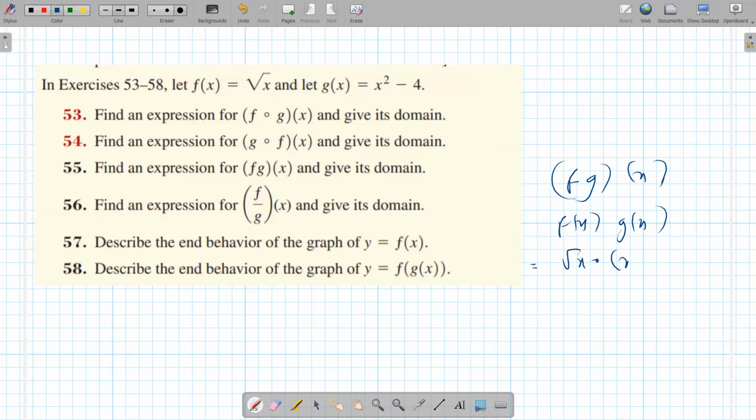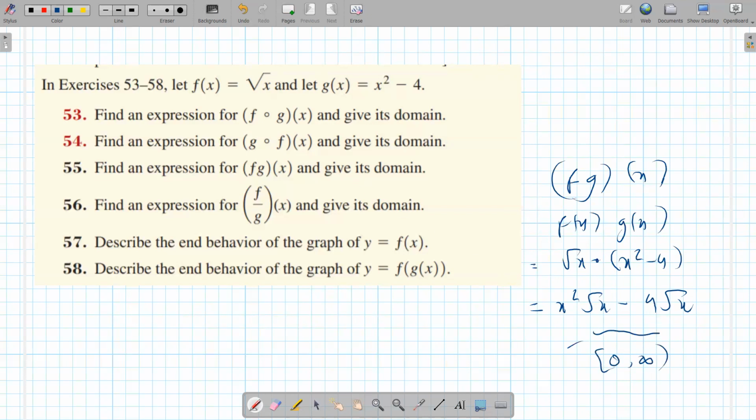That gives you x squared root of x minus 4 root of x. So what could be the domain here? Again, there's a square root, so x cannot be negative. It has to be 0 or bigger. So 0 to positive infinity.